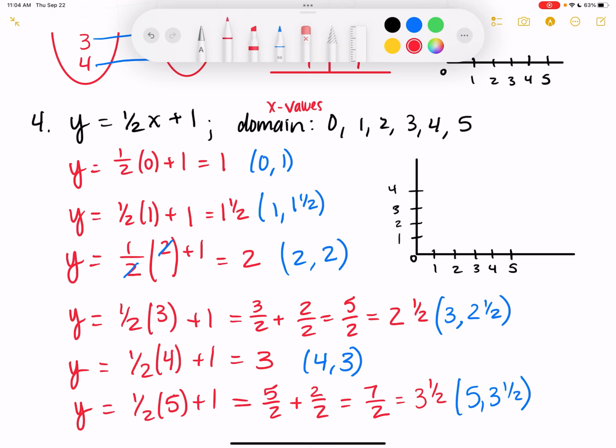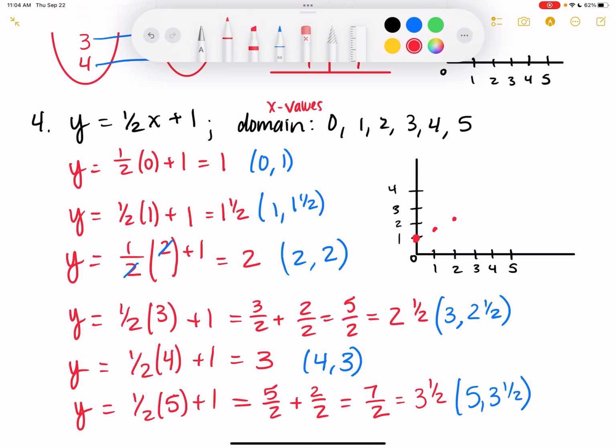And then we're just going to plot the points on the graph. So the first one, x is 0, y is 1. So that's going to be right here. The next one, x is 1, y is 1 and 1/2. That's here. Next one is x is 2, y is 2.